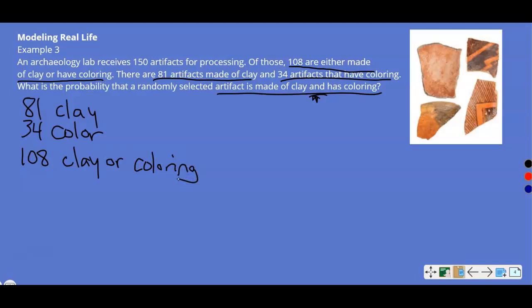All right, so what is the probability? We need to figure out what event A and event B are going to be. So let's let event A be made of clay, since that's the first thing we're talking about here. So event A is made of clay. And event B has coloring.